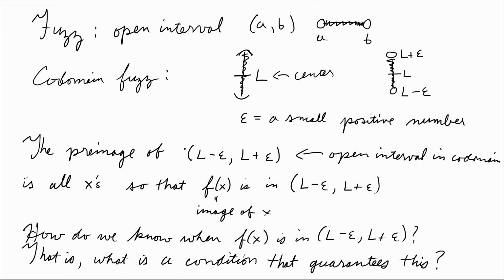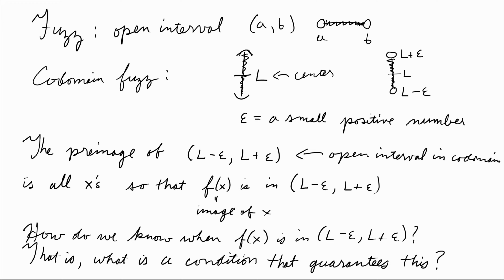We want to take a look at that, and what we'd like to say is that the preimage is a collection of fuzzy spots. But first we need to come up with a description of what the preimage of such an open set looks like. Well, it's going to be all values of x so that f of x, which is the image of a particular x, right? Take an x value, its image casting up onto the function, the y value it's going to get is f of x for one point.